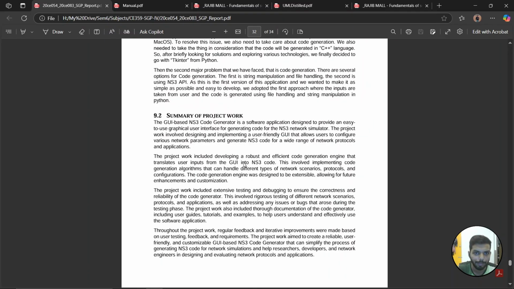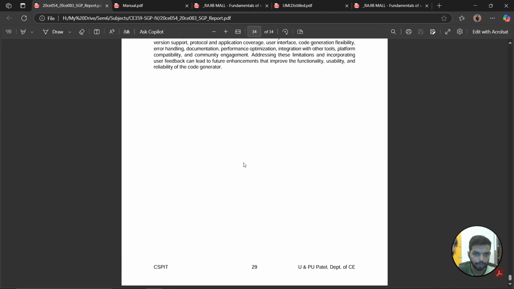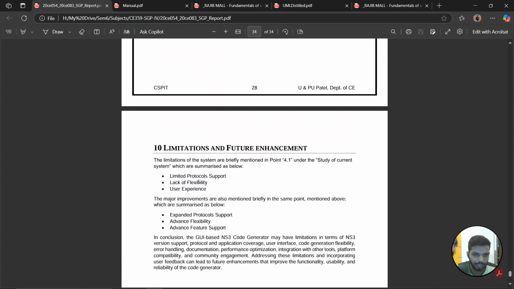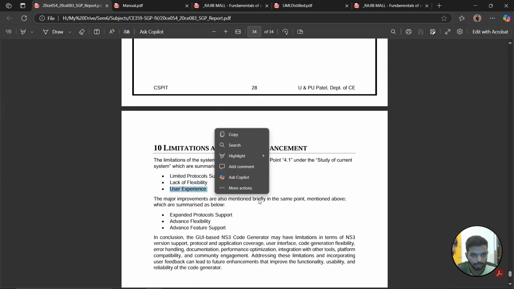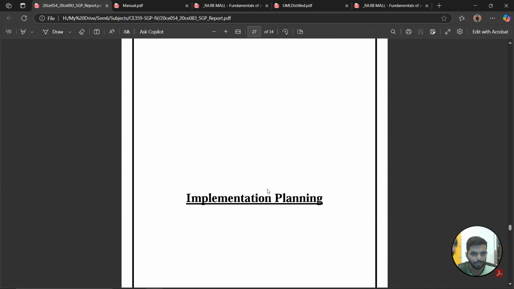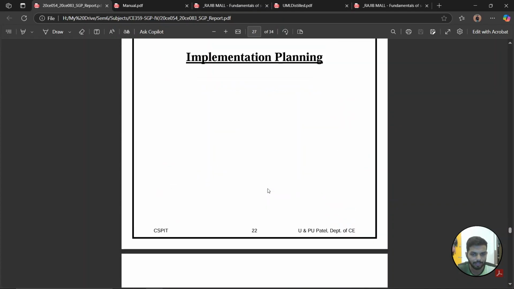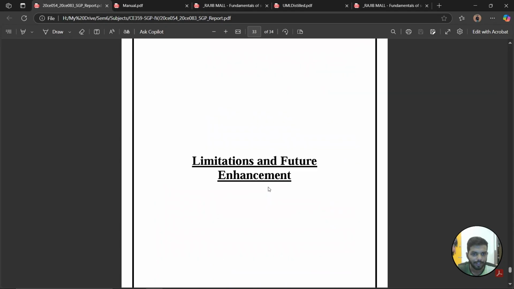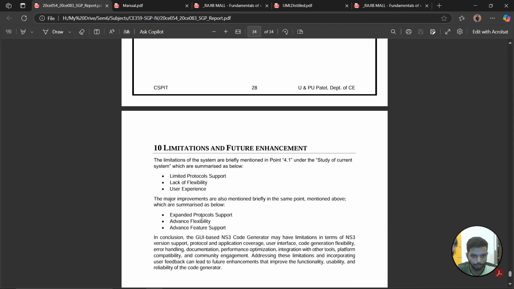I don't know why we wrote this, but it is there. User experience. As of now, this software has a very limited user experience because it was just a single piece of GUI to automate the generation of the first.cc file. So these are the limitations that we wrote.